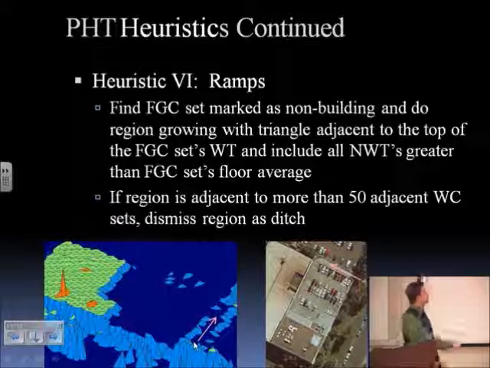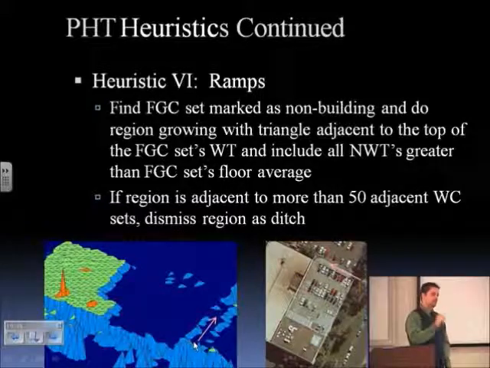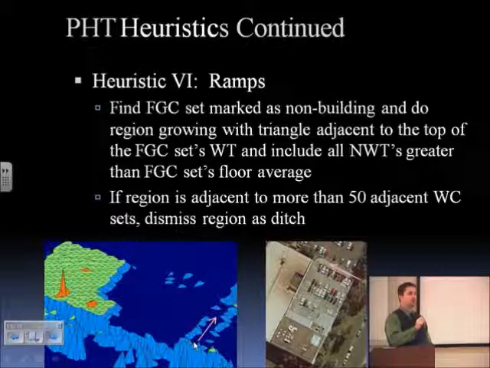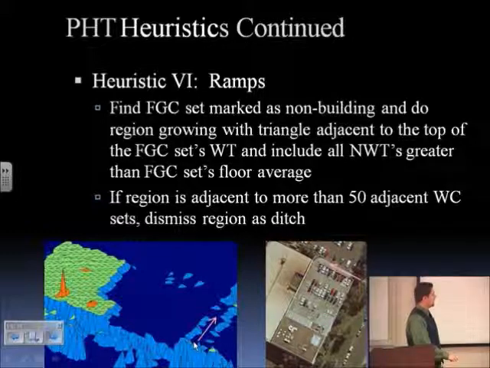The reason why you'll grow the ground from the bottom and up the ramp is when you start out initially, you look for the non-wall triangle with the lowest elevation average. So you'll be on the ground and you'll wind up growing the ground, and as the ground grows, it'll grow up the ramp and on top of the building.